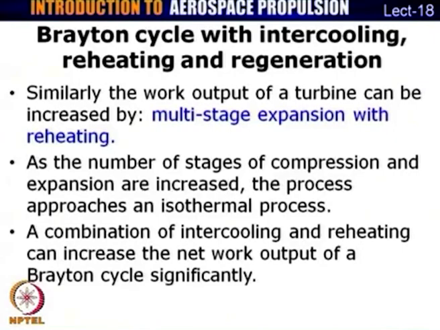So, in a limiting case, as you increase the number of stages of compression and expansion, the process basically approaches an isothermal process, and a combination of intercooling and reheating will increase the net work output of a Brayton cycle, because you are increasing the net work output by using intercooling and reheating.